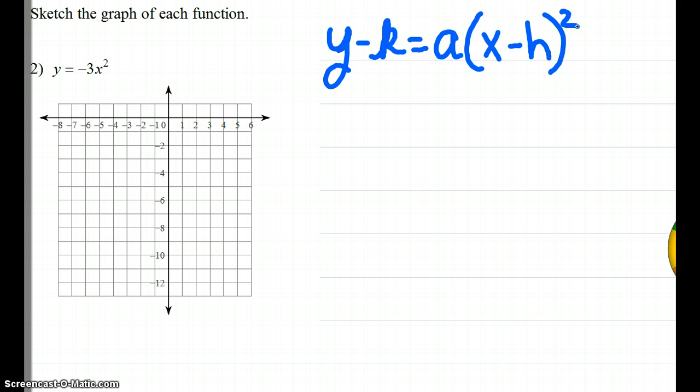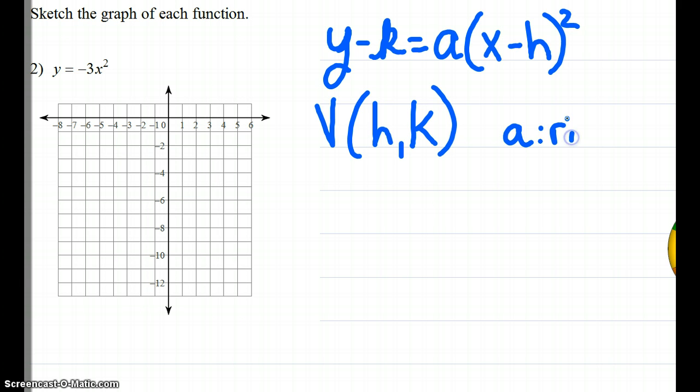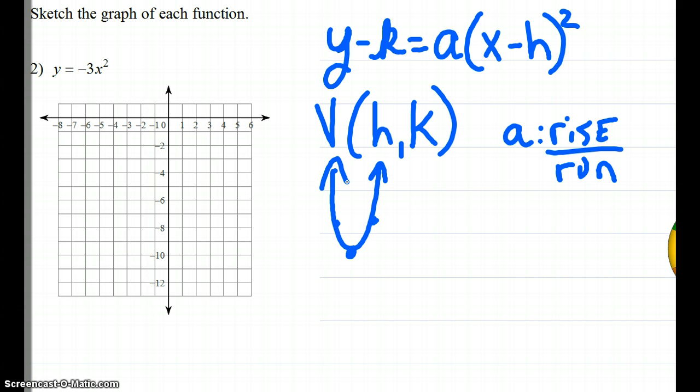Some of these important details are the vertex is going to be (h, k), and a is going to be how much we rise and run from the vertex. We're going to connect 3 points, so we'll have a vertex and our 3 points, and we'll connect those with a smooth curve. Those are called parabolas.